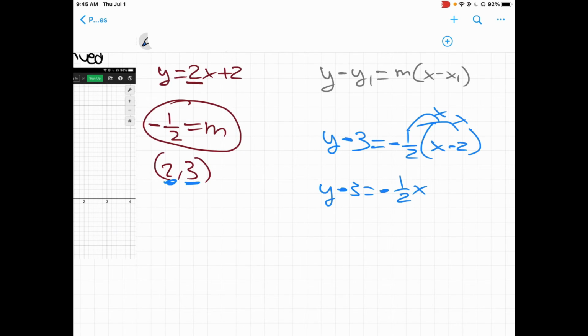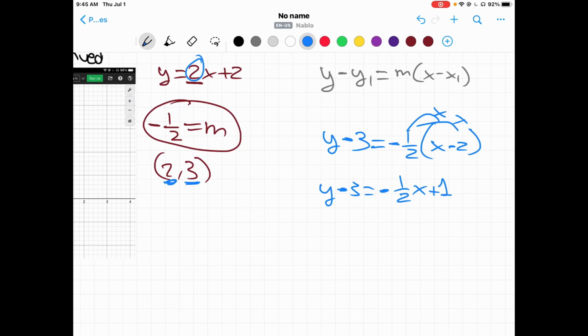So you can already see that the slope of this new equation is negative 1 half, which is the negative inverse of 2. So that way we know it's already a perpendicular line. Now we just have to make sure that it contains the point 2, 3. So negative 1 half times negative 2 is just positive 1.